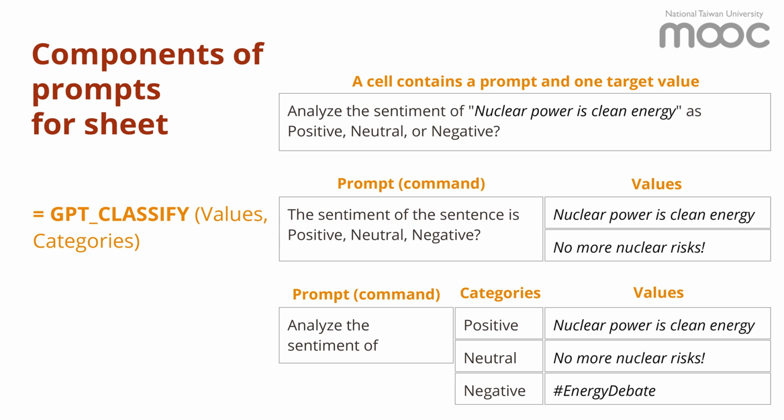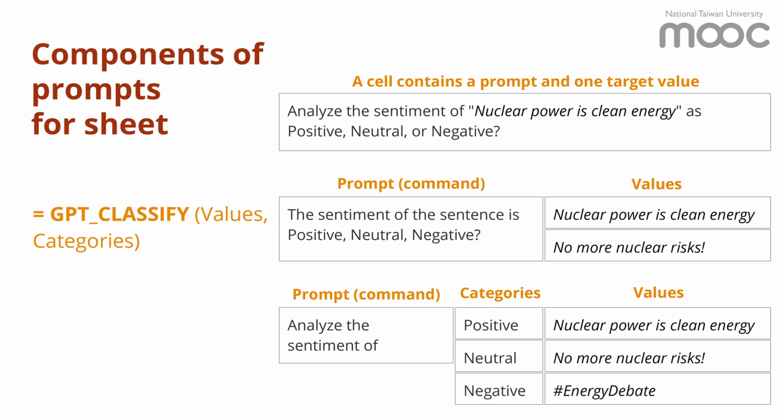Analyze the sentiment of "nuclear power is clean energy" as positive, neutral, or negative. In practice, we can break it down into the prompt and the values. The prompt part refers to sentiment analysis command, while value part refers to the sentence we want to analyze.